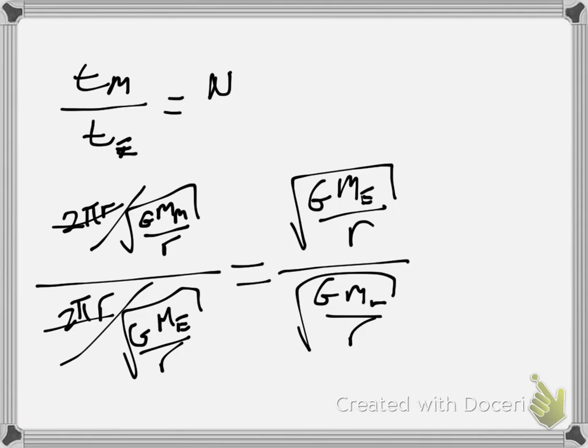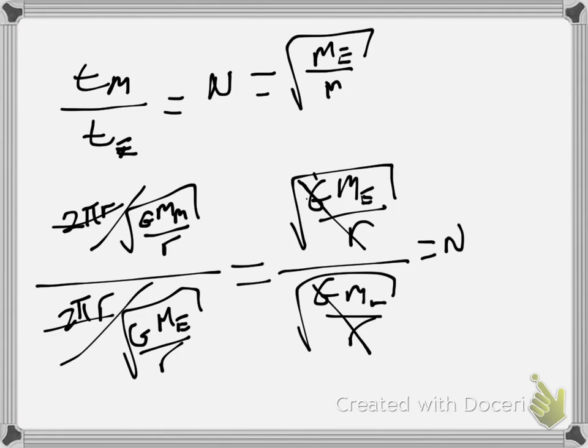So if we square that, that equals n, right? And we square both sides, then the G and the r goes away. And then we get n is basically equal to the square root of the ratio of the masses. So the mass of Earth divided by the mass of Mars. So the square root, mass of Earth is about 6 times 10 to the 24. Oops, it's not 6 times to the 24, that would be a pretty small mass.